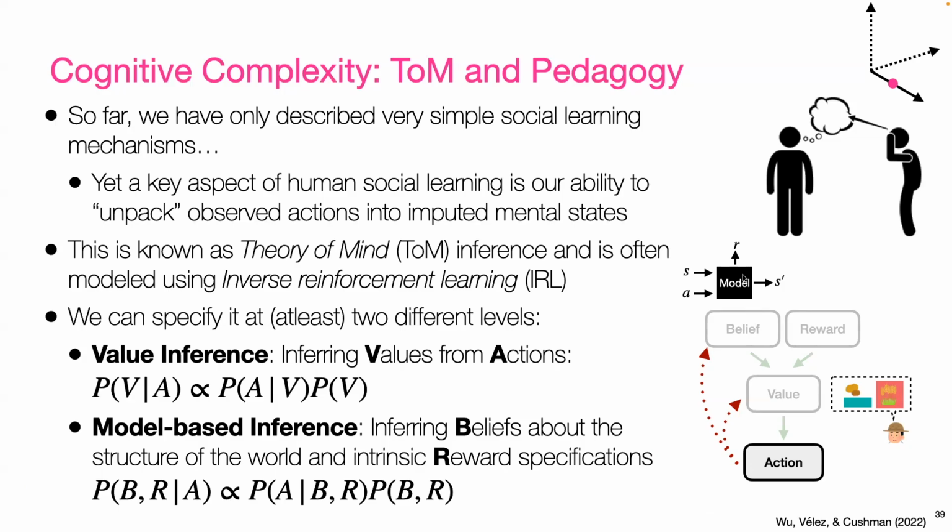And this is in contrast to model-based imitation, which focuses on who to copy, okay? So here, based on the actions of another individual, I might also infer something about their beliefs about the structure of the environment, something about what their causal representation of the world is like. And that might also help me generalize more effectively into new situations. This also maybe involves inferring their intrinsic reward specifications, right?